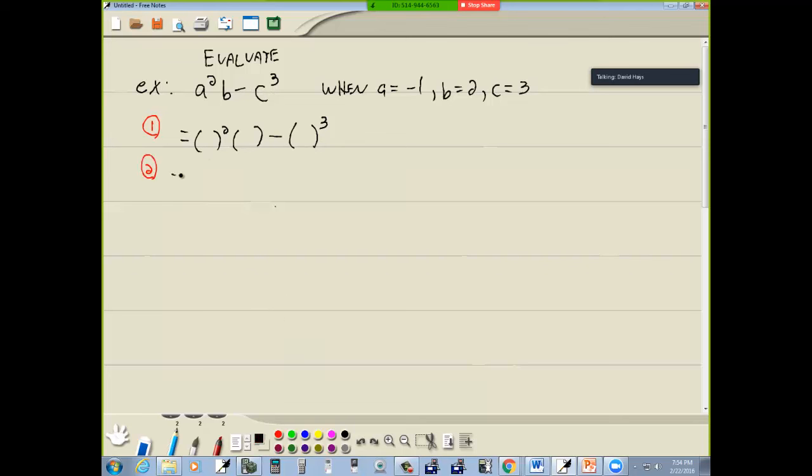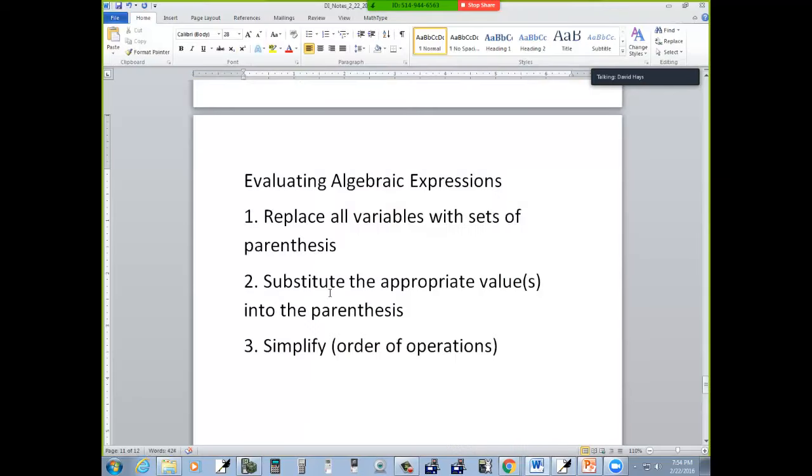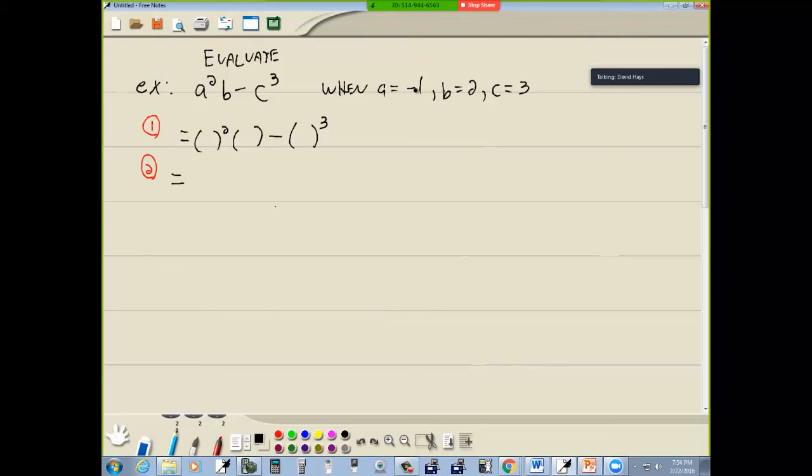And then step 2. Substitute the appropriate values into the parentheses. Well, over here, remember we said a was equal to -1. So where the a was, I'll put in a -1. We said b was 2, so where the b was, we'll put in a 2. And we said c is 3, so wherever I had a c, I'll put in a 3.